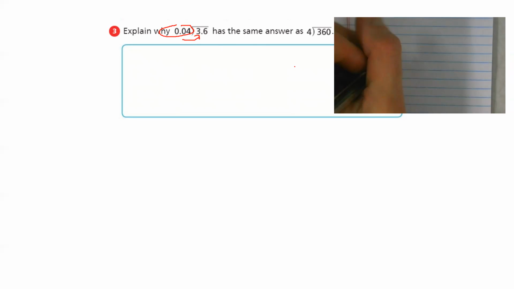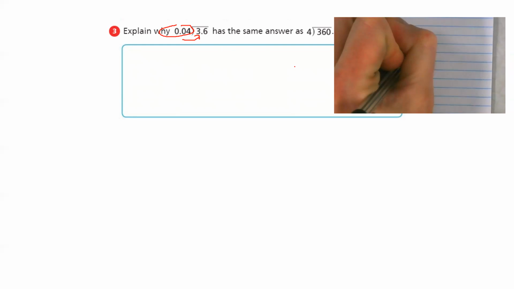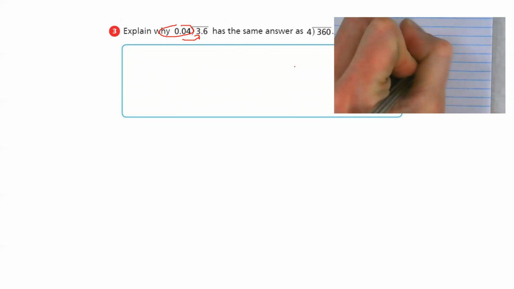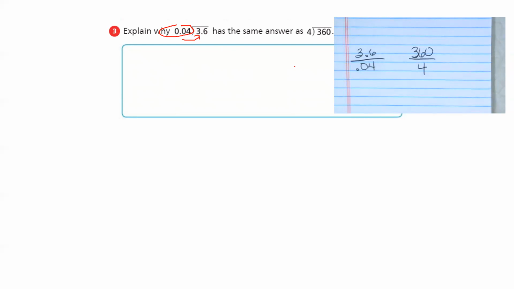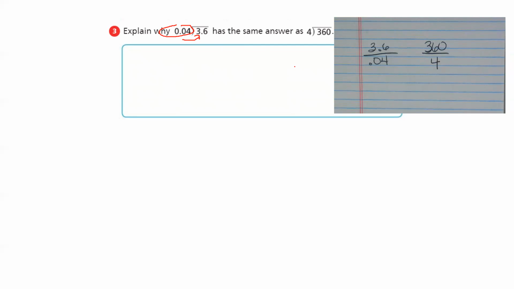So we could easily say, as long as you do the same thing to the bottom and the top, they're going to be equal. And check it out. Moving the decimal over twice is getting it multiplied by 10 to the second power, which is 100.